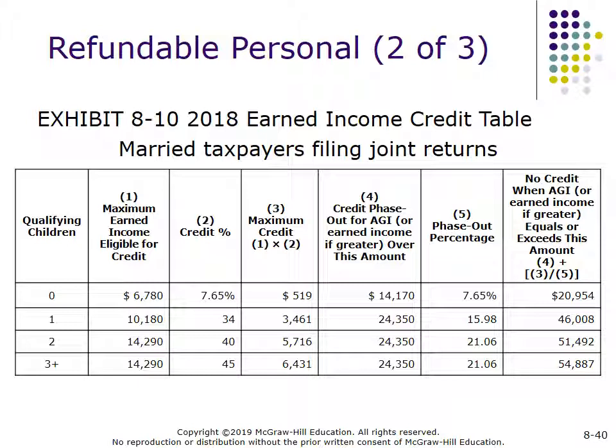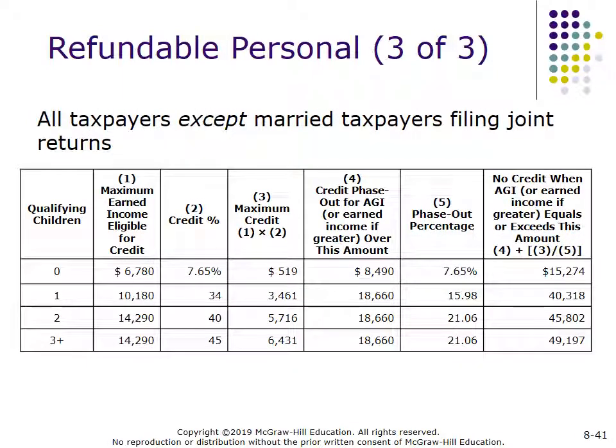And it's, okay, AGI or earned income, whichever is greater. And then it completely phases out at $20,954. As you add children, those income levels go higher. There's your everybody else. Same type of table setup.